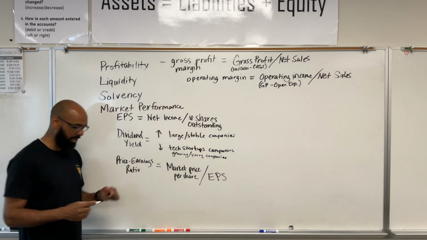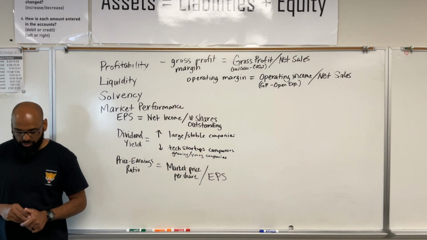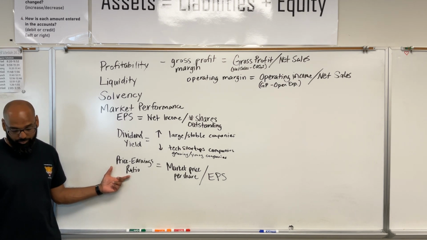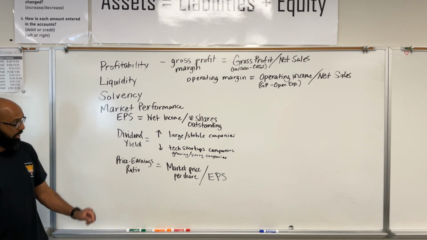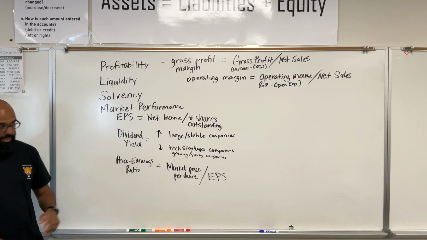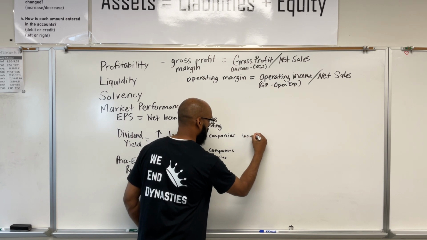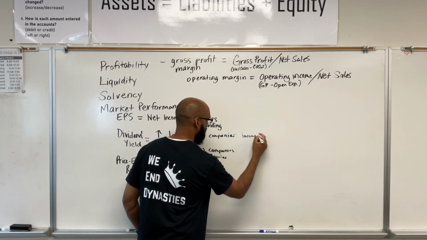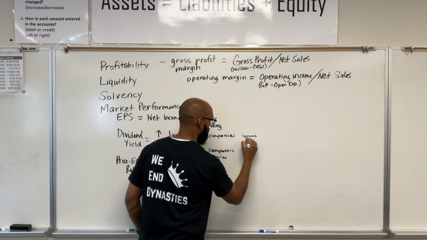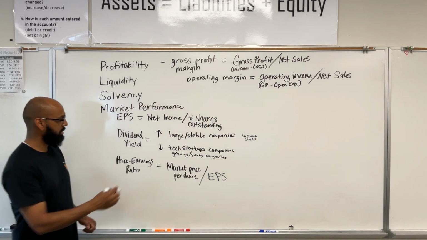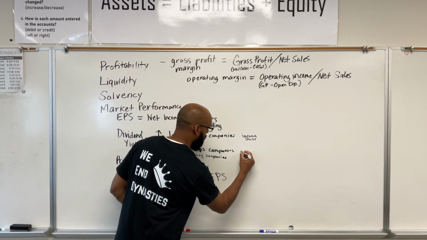And that is your price earnings ratio. And so growth stocks tend to have a high price earnings ratio, where income stocks have a lower price earnings ratio. So these are income stocks, and your tech startups would be considered growth stocks.